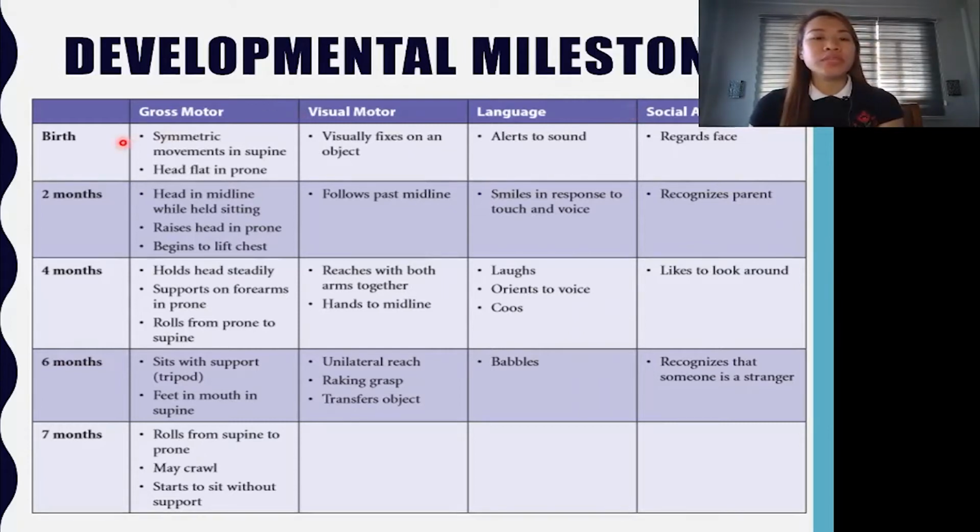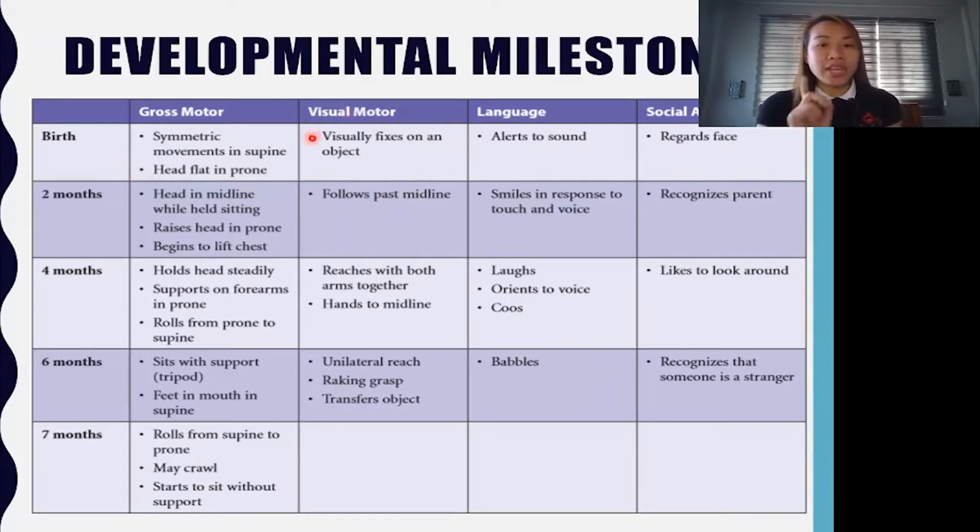So we'll start first with gross motor at birth. We see symmetric movements in supine position, and the head is flat in prone. It means when the baby is on his abdomen, the head is flat. They cannot lift the head yet upon birth.